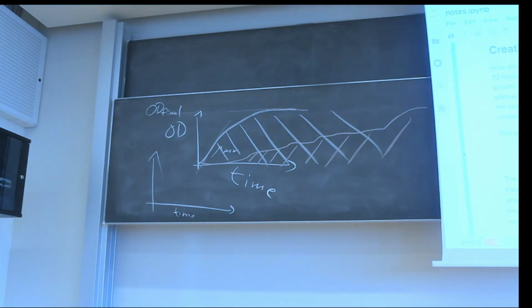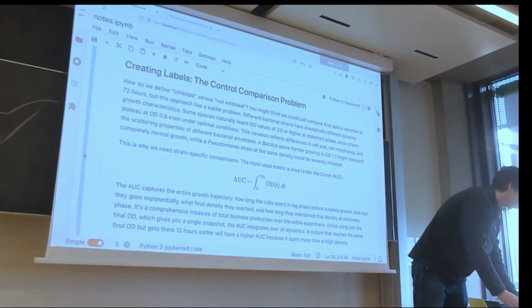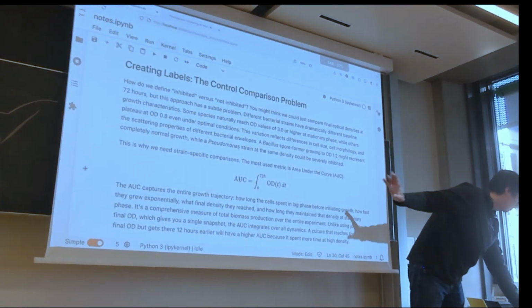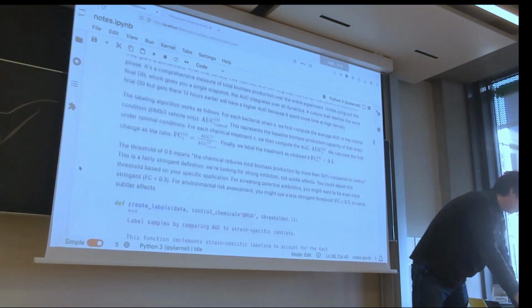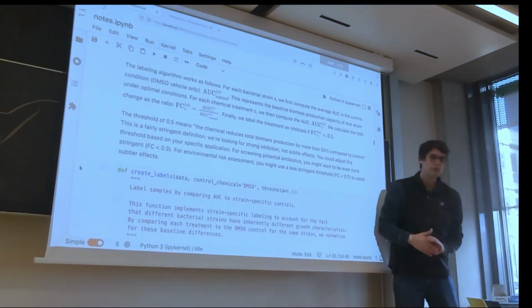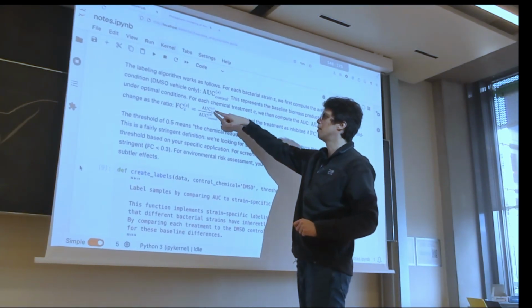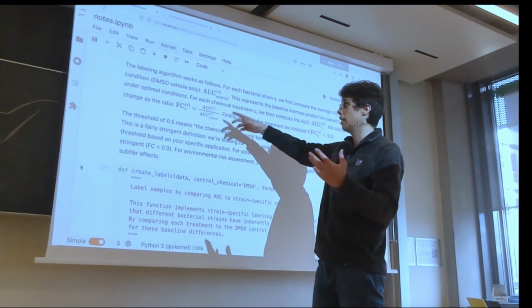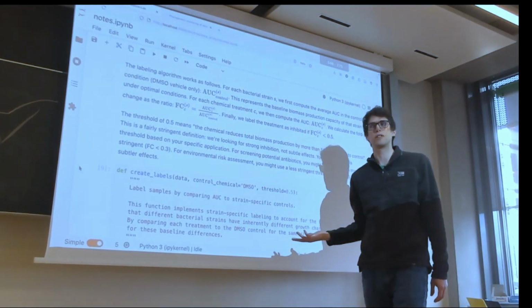In any case, this AUC metric is what is used a lot for these kinds of screenings, where you say, is growth inhibited or not? So this is the basic thing that we want to look at. What they quantified is the relative AUC of a strain exposed to a chemical compound with respect to the control exposed to DMSO.